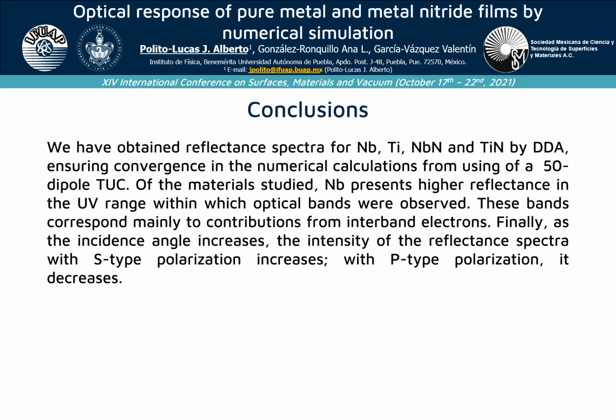These bands correspond mainly to the contribution from interband electrons. Finally, as the angle of incidence increases, the intensity of the reflectance spectra with S-type polarization increases. With P-type polarization, it decreases. However, an experimental study in the UV range is still needed to verify the presence of the bands obtained by numerical calculations.